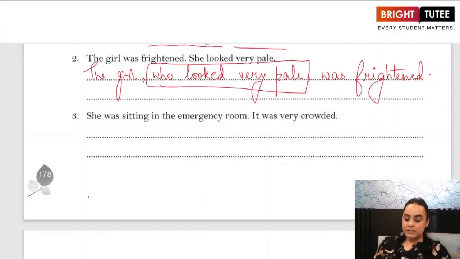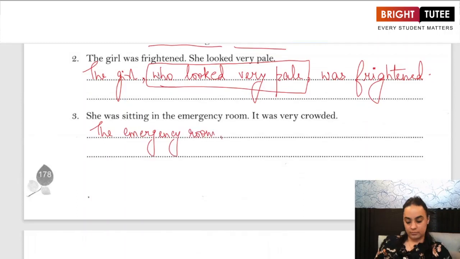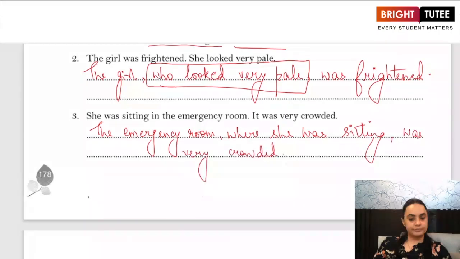Next, she was sitting in the emergency room. It was very crowded. So I say the emergency room, comma, where she was sitting, comma, was very crowded.